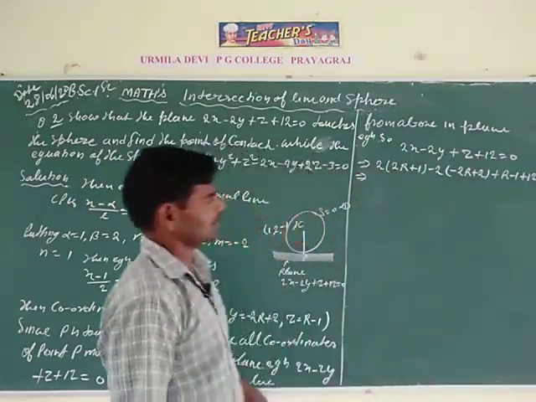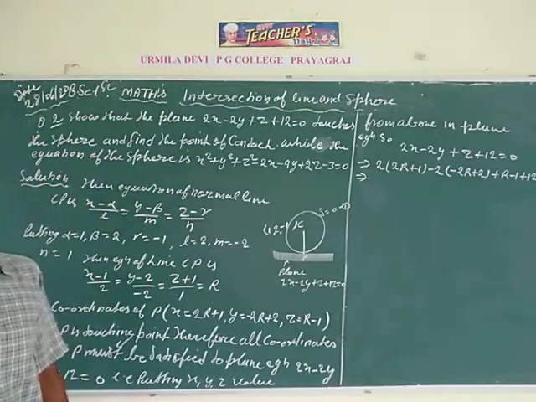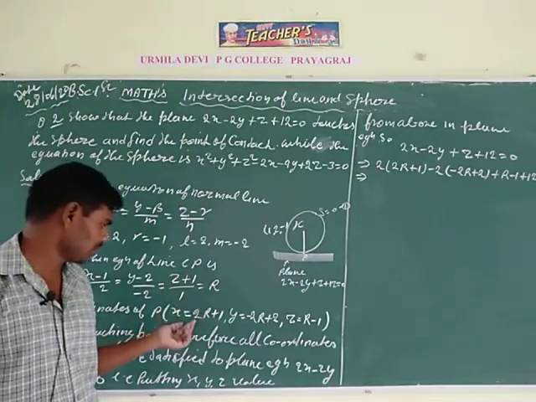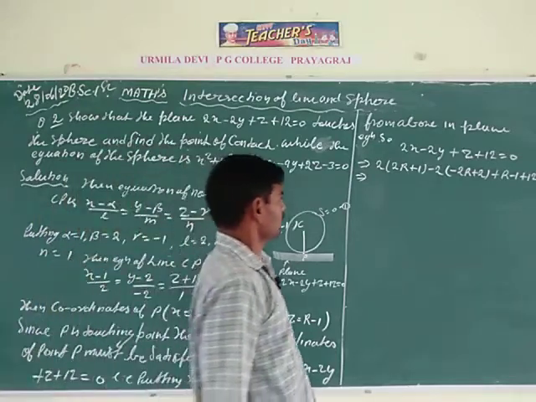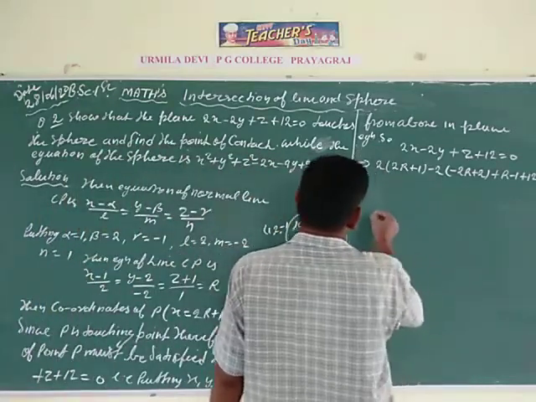Simplify this equation for the value of capital R, and then putting the value of capital R you can calculate the coordinates of point capital P, the contact point.